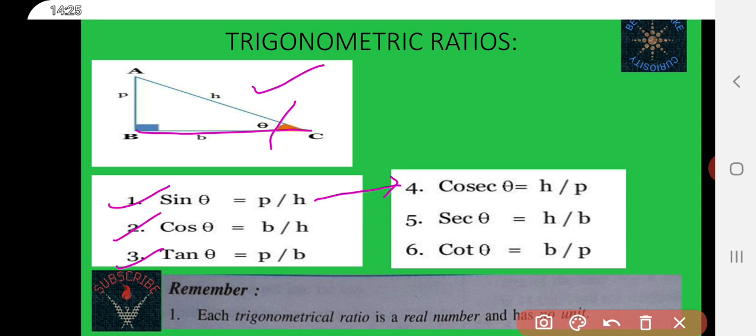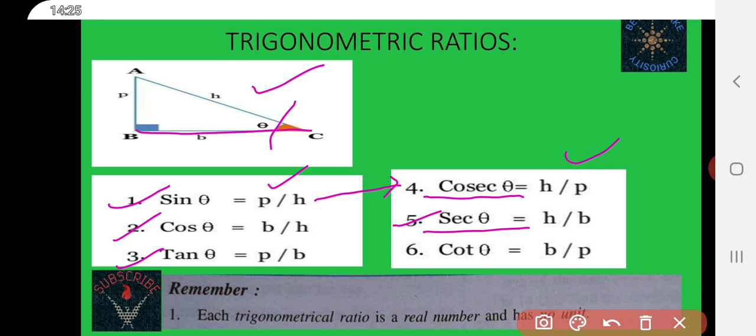And see, sin theta is reciprocal of cosec theta. Here P by H, here H by P. So sin is reciprocal of cosec theta, and cos theta is reciprocal of sec theta.